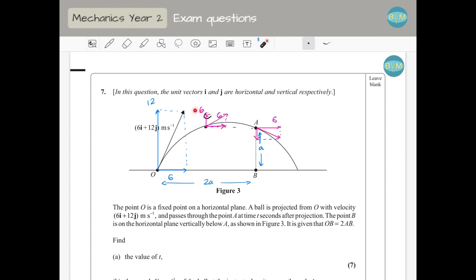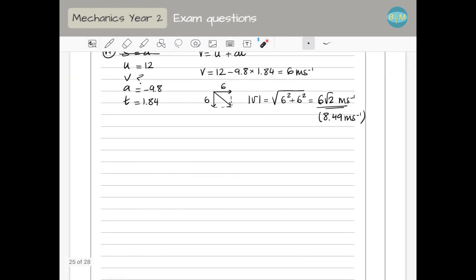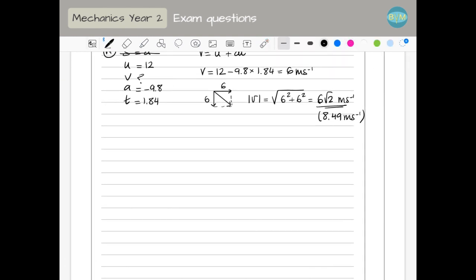So this one is 6 as well. Yeah. So we have a SUVAT equation where my vertical velocity is 6. So if we write again SUVAT at C, we don't know the displacement. Initial velocity is still 12. And final velocity is going to be 6. Acceleration is minus 9.8.